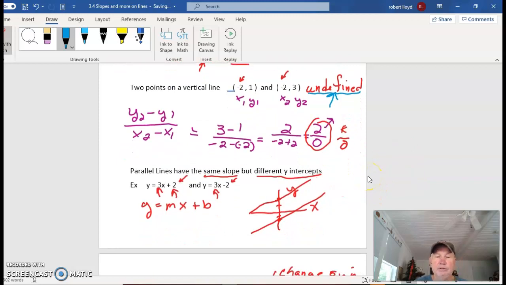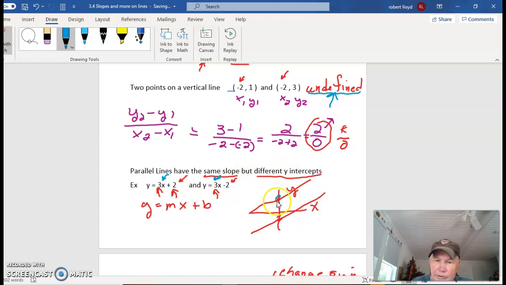So parallel lines have the same slope, but they cross the y-axis in different places. So if we have y equals 3x plus 2, that's one line, and y equals 3x minus 2, you notice that the 3's have the same slope. It's just that they cross the y-intercept in different places.